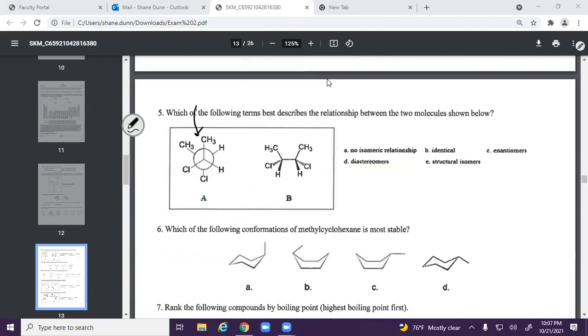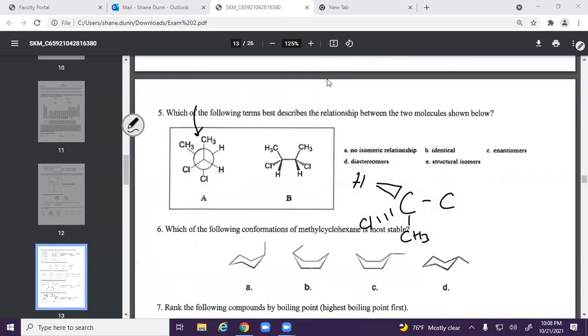We have a Newman projection, right? So we have to draw a Newman projection out as a line angle. So boom, boom. Yep, Cl is going to be dashed, H is going to be wedged, and then you have a random methyl group coming out.